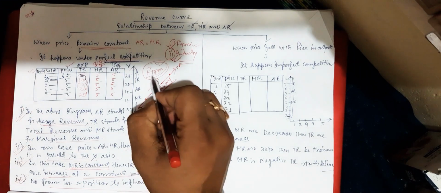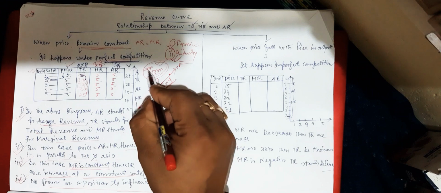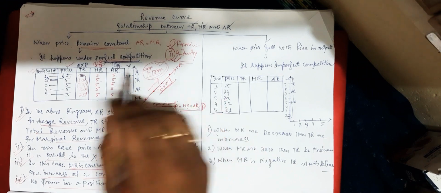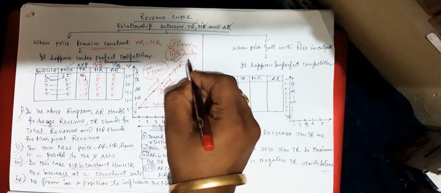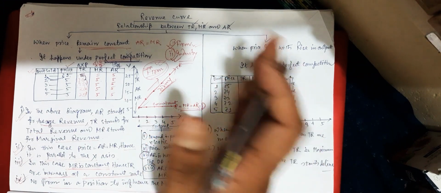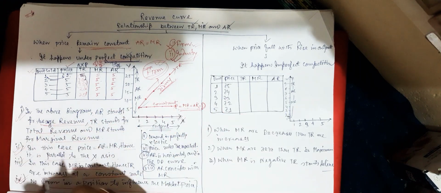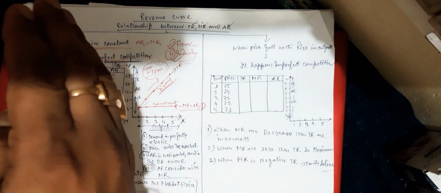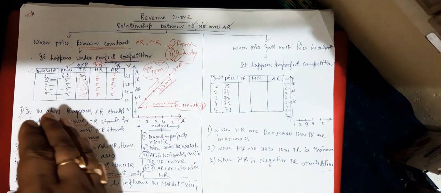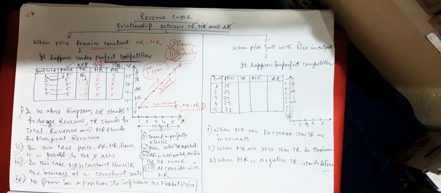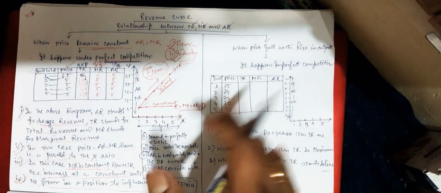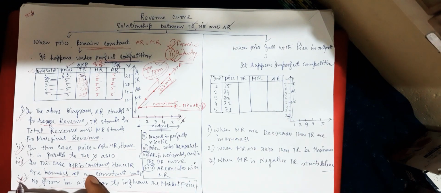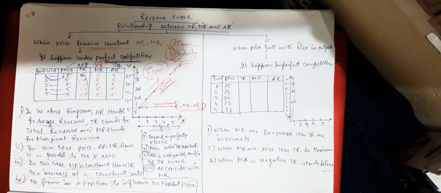Here in this situation, the farm cannot influence or change the price because the industry instructed the dealers to sell at the price fixed by the industry. So this is the main point. No farm, no dealer, no retailer can change or influence the price. This is the meaning of that point.